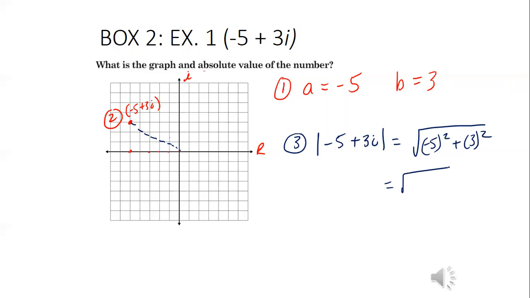That equals the square root of 25 plus 9. And what is 25 plus 9? 34. Can I simplify that? No, it's 2 and 17, and 2 and 17 are both prime.